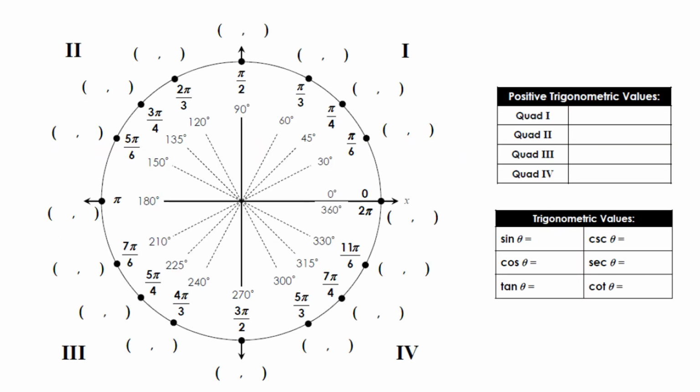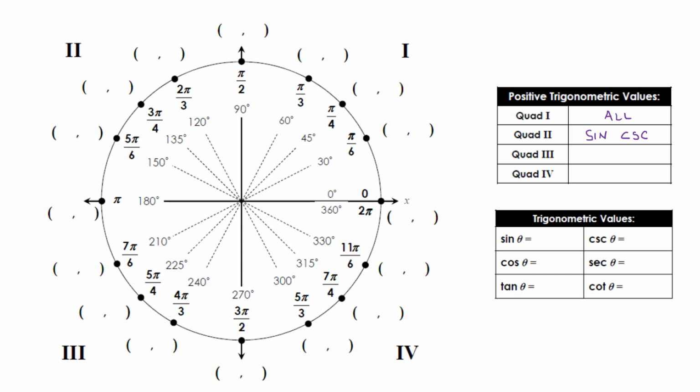So let's fill in our unit circle with the information we already know. Let's first start off with the positive trig values per quadrant. In quadrant 1, we know that all trig functions are positive. In quadrant 2, we know sine is positive, therefore its opposite, cosecant, is also positive.